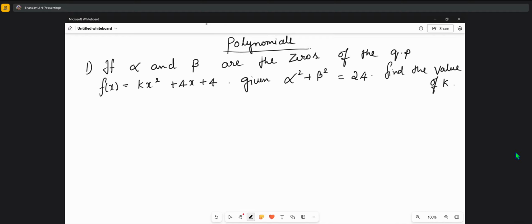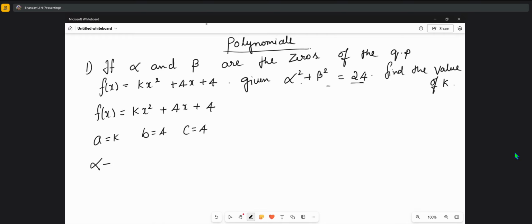Okay. So f of x is equal to kx square plus 4x plus 4. So here a is equal to k, b is equal to 4 and c is equal to 4. Now alpha square plus beta square is 24. They've given that you have to find the value of k.